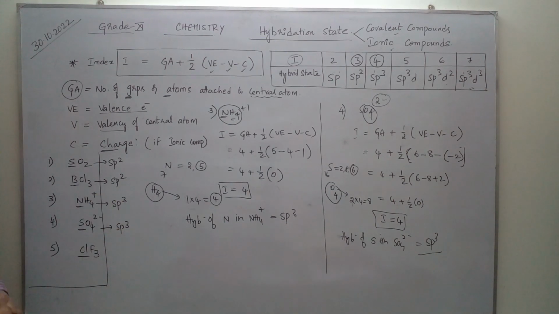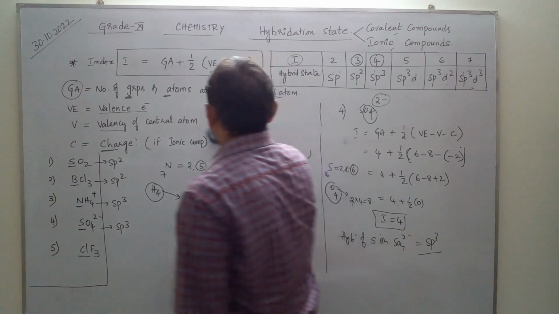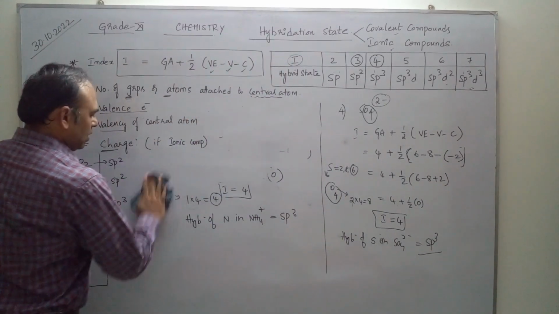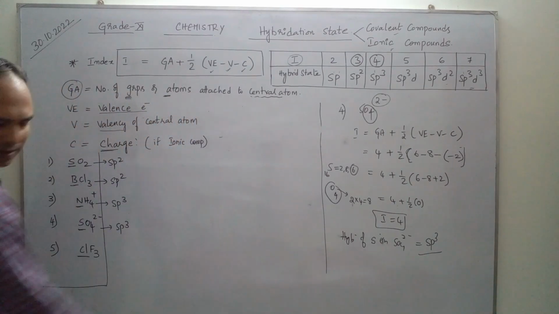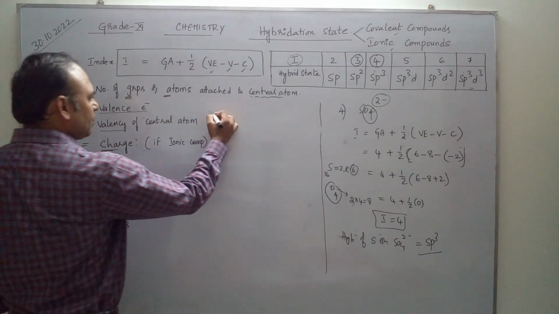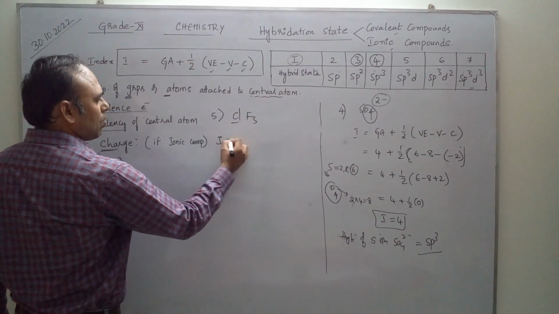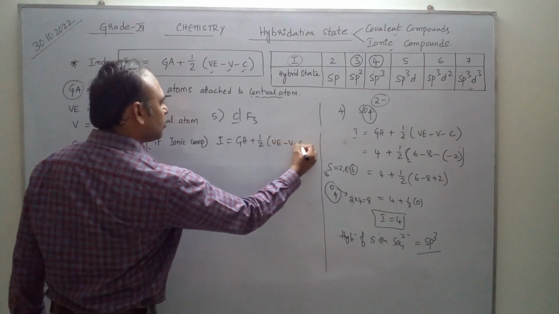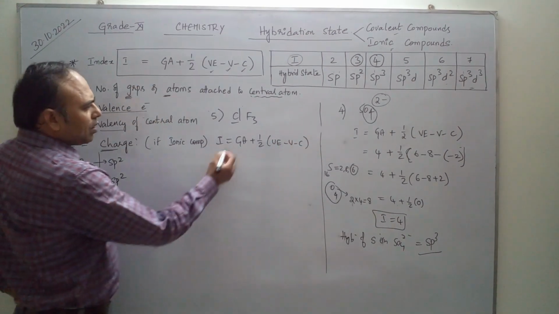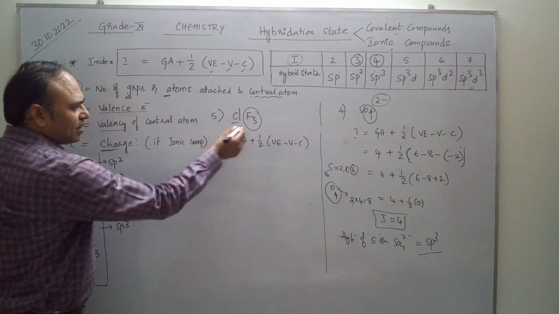Now the last one is ClF3. So how do you write ClF3 here? You know the formula. The formula says to calculate I, we have groups or atoms plus half into Ve minus V minus C. Now how many atoms are surrounding the central atom, that is chlorine? We can say that 3.